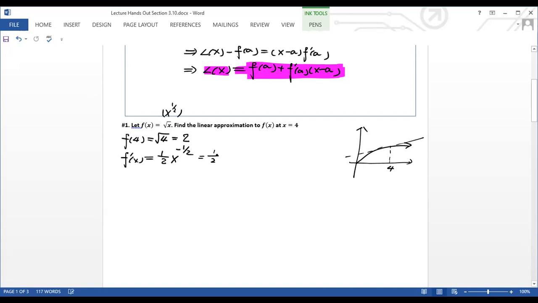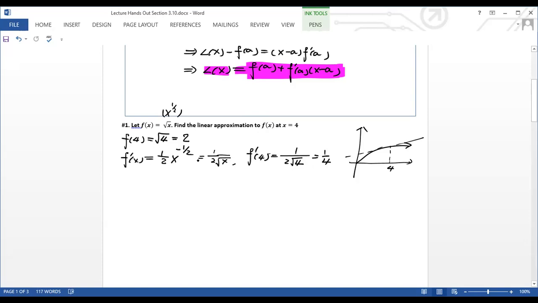So this will be 1 over 2 square root of x. Like in here, we say it's f prime a, so it's f prime of 4. This will be 1 over 2 times the square root of 4, so what is here is 1/4.